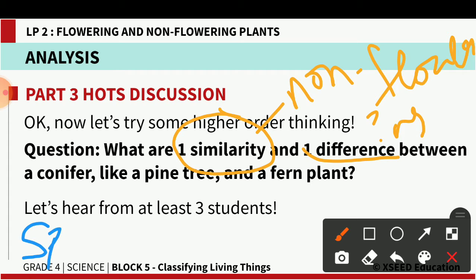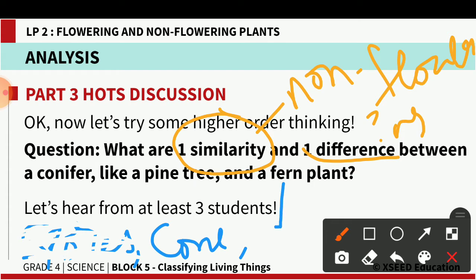Your pine reproduces by cones, which is truly a conifer, whereas your fern plant reproduces by spores. This is the major difference that is noticed in them. One is a conifer and one is reproducing by spores.